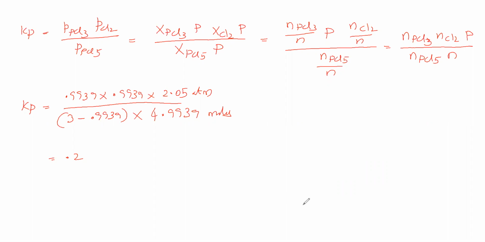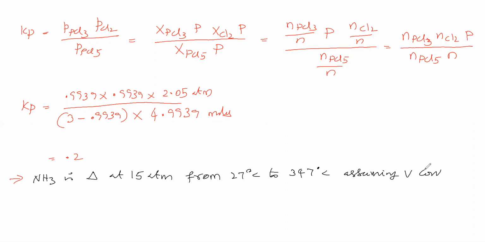Let us go to the next sum. The next sum is: ammonia is heated at 15 atmosphere from 27 degrees Celsius to 347 degrees Celsius, assuming volume constant.